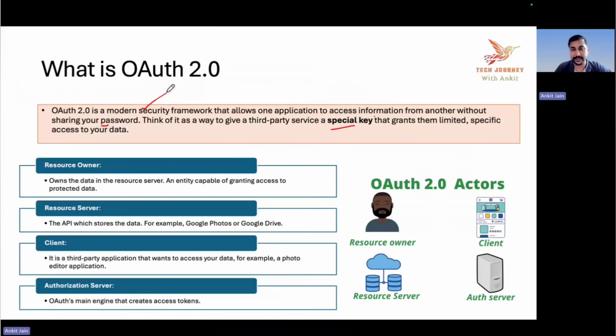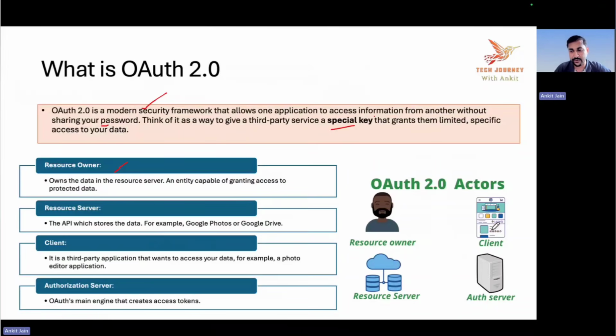These are the four actors basically which are available with OAuth 2.0. First one here is the resource owner. Resource owner is the one who owns the data which is available in the resource server. This is the one who is capable of providing the consent whether to access the data from the resource server or not. Resource server is something in which the data has been stored, from where you want to access your data. Client is something which will initiate the request that wants to access your data.